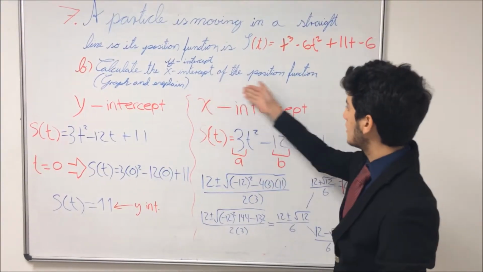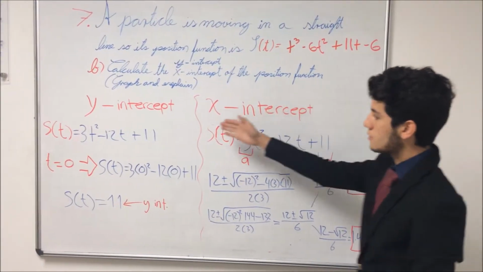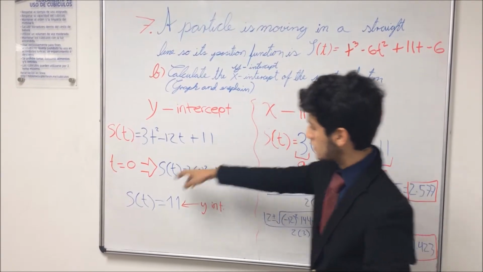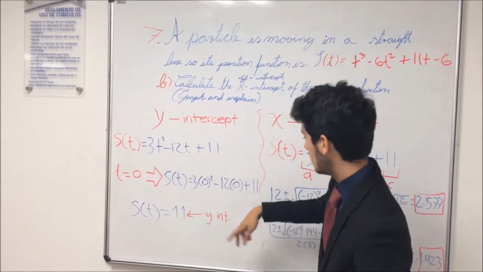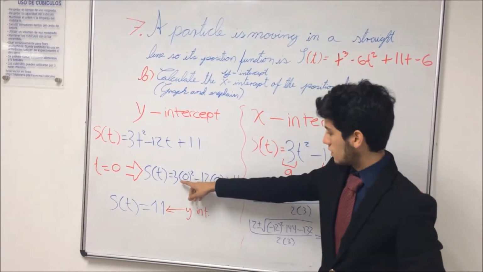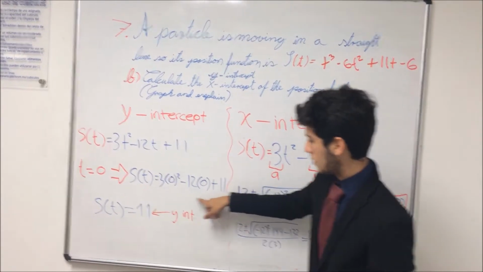Well, point B says we have to calculate the x and the y-intercept. So with the derivative we got in point A, now the only thing we have to do is substitute the t with 0 in each one of these, in this, and this. So every number that multiplies 0 is equal to 0. So the result is going to be 11.